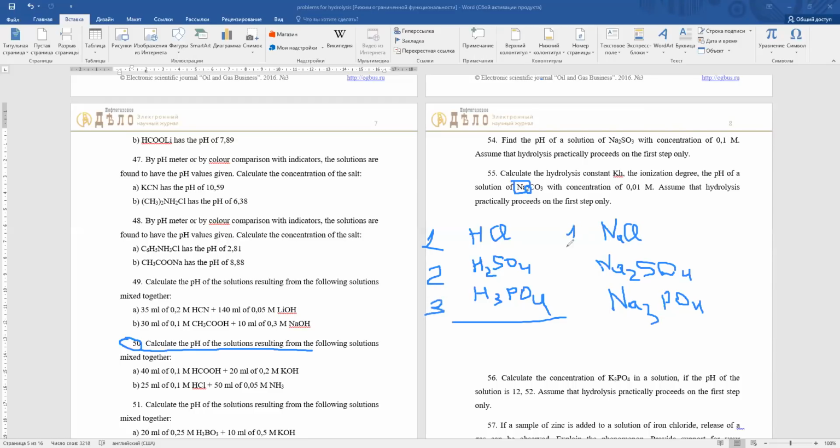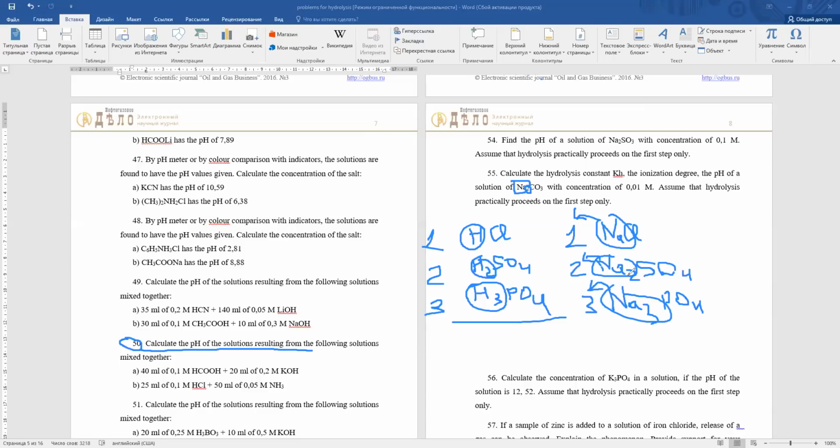Hydrolysis steps 1, 2, 3. So did you realize the law behind this calculation? In these acids we have one hydrogen, in this two, and this one three. And the salts, one metal, two metals, three metals. Based on this, the steps can be identified.